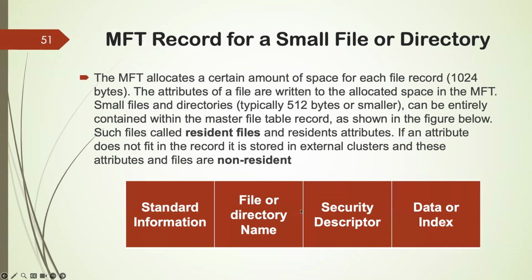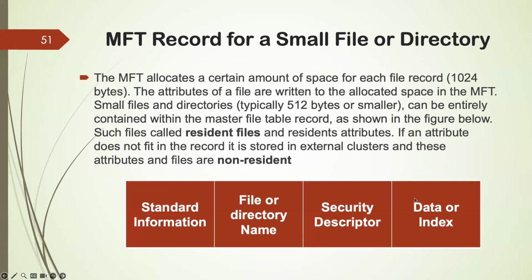Then all these attributes that are there on one MFT entry can be categorized into two things. First are called resident attributes, and the second are called non-resident attributes. So how do we determine which of these attributes are resident and which are non-resident? As I mentioned earlier, the maximum size of one MFT record for one file is 1 kilobyte.